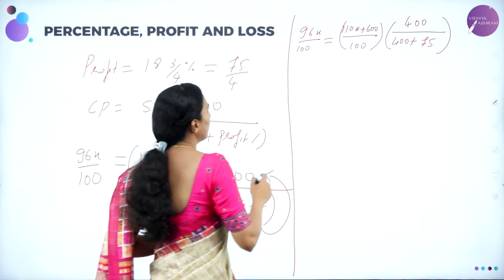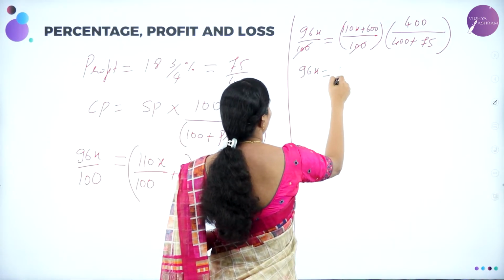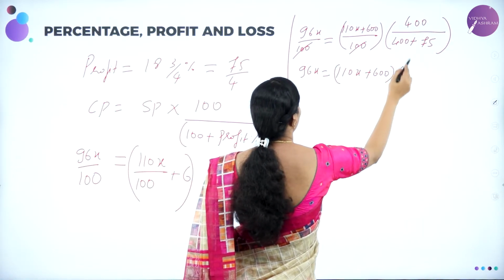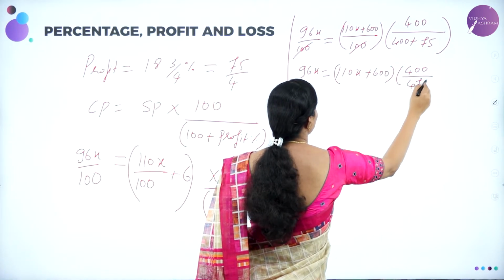So here I can cancel this 100 with this 100. 96x is equal to 110x plus 600, into 400 divided by 475.